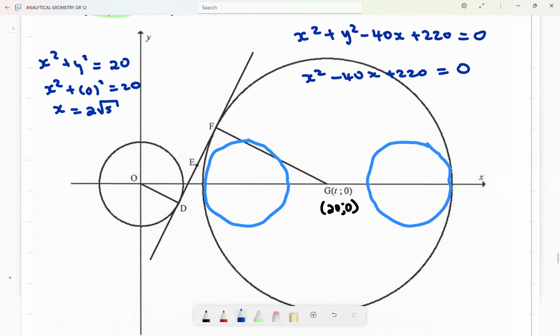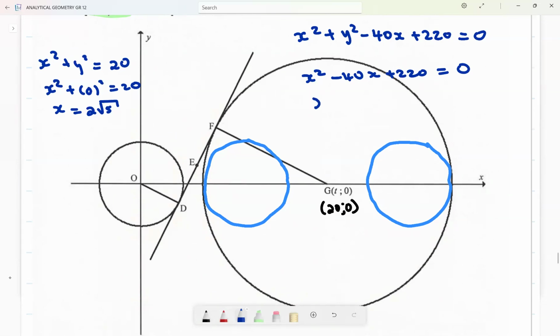Yeah, let's do this. When you equate the x squared, it's going to be 40x plus... Okay, let's just solve the x-intercept for this one.